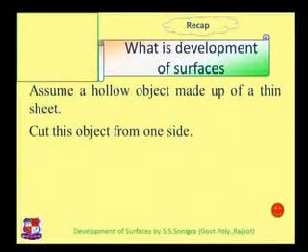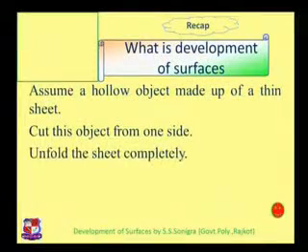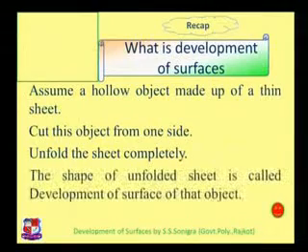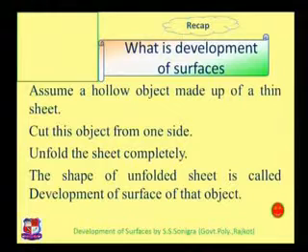Cut the section from one side as we did, and unfold the sheet completely. The shape of the unfolded sheet is called the development of the surface of that object, as we did in the case of the cylinder. A similar exercise could be done for a prism, pyramid, or cone.